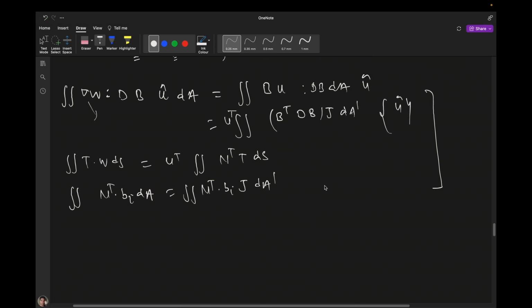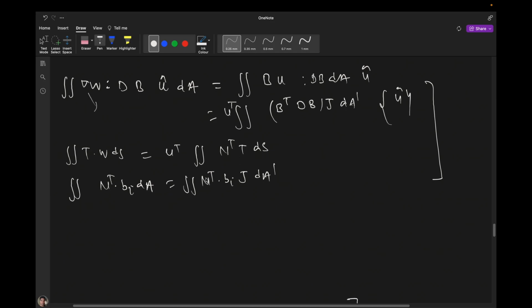The main thing to apply for this problem is to get the B matrix, then it will be solved automatically. So here also U transpose will come.